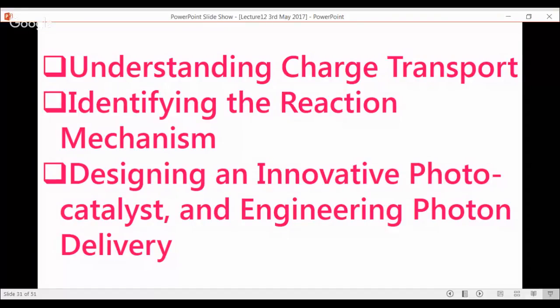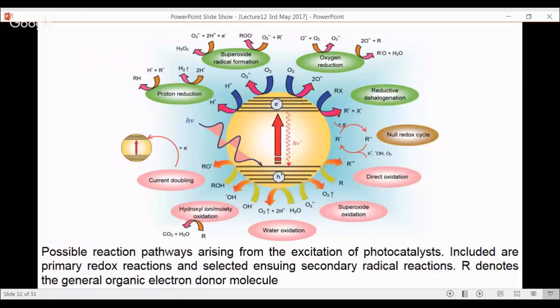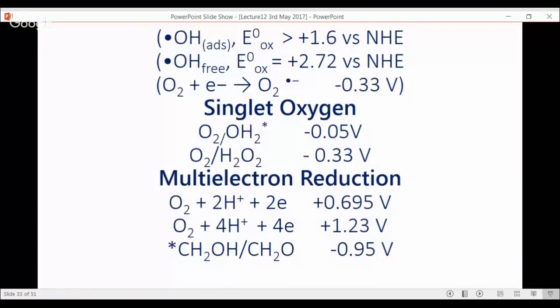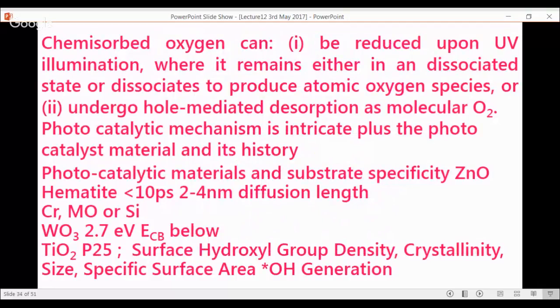Then identifying the reaction mechanism, that is, how the charge transfer is taking place. Designing innovative photocatalysts and engineering photon delivery to the photocatalyst. This is only to show you in what all possible ways this can be used. This we have already shown, so we will not worry about it. This same thing can also give rise to OH radicals, which will give rise to pollution removal and other things.